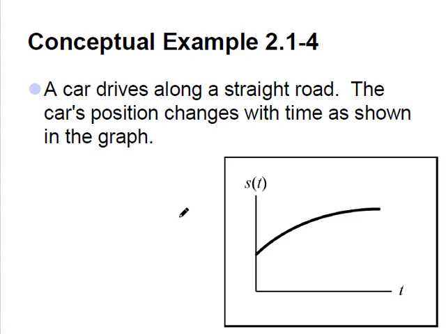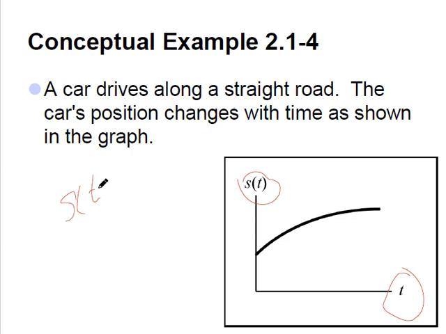All right, the next conceptual example problem. We have a car that drives along a straight road, and the car's position changes with time. Here is your position, it's going to change with time, and we put it in an S(t) graph. This is S as a function of time.